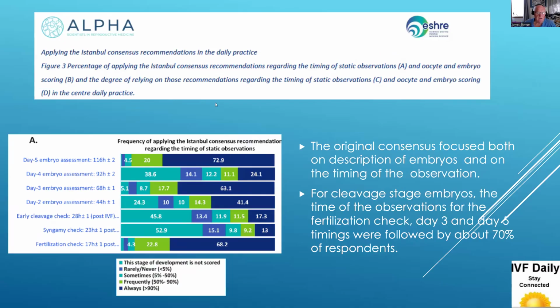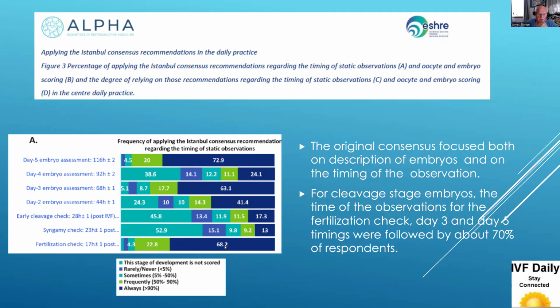Now, one of the interesting things is how they apply this consensus to daily practice. And some of these graphs are easy to understand, some are not, and I've actually stumbled a bit over them trying to understand them. The first one was applying the consensus rules for when grading should be done. So, for instance, the consensus recommended 17 hours plus or minus 1 hour for the fertilisation check, 68 hours for day 3, and 116 hours for blastocyst culture.